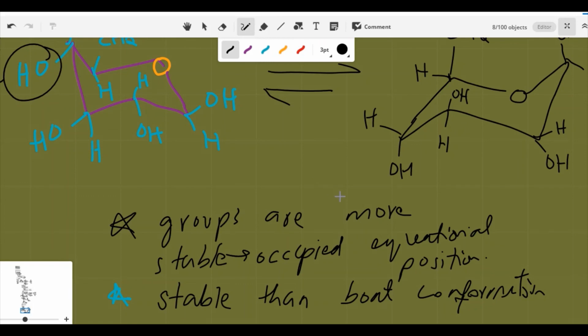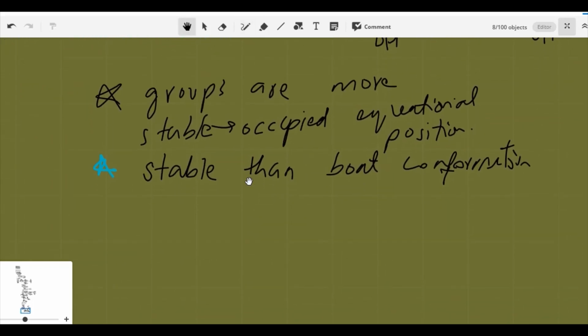Okay, so with this advantage of stability, it may come as no surprise that beta D glucose is the most widely occurring organic group in nature, and that can be the central hexose in carbohydrate metabolism. So that is for the chair conformation and the boat conformation.